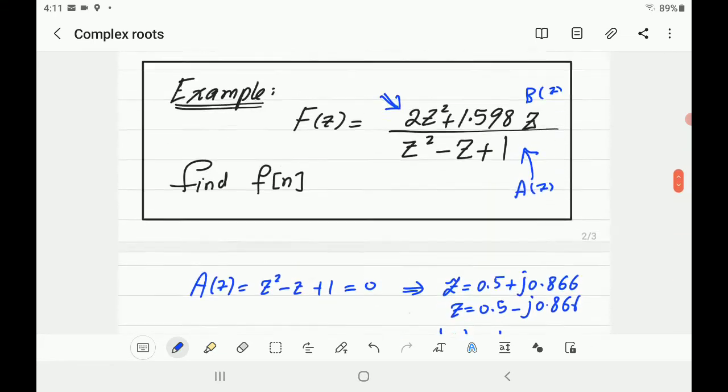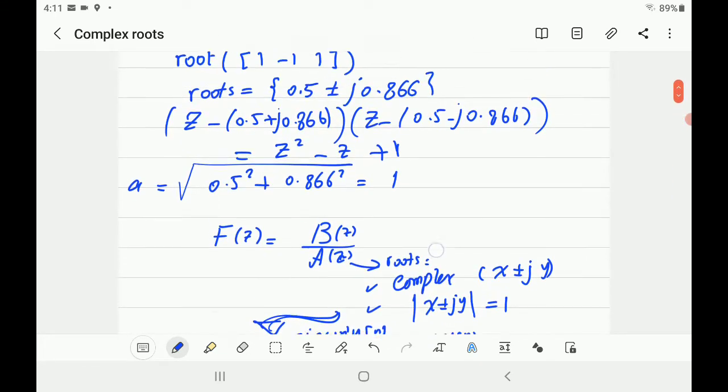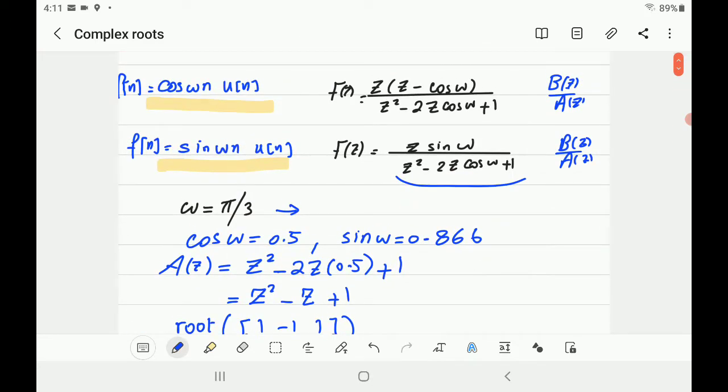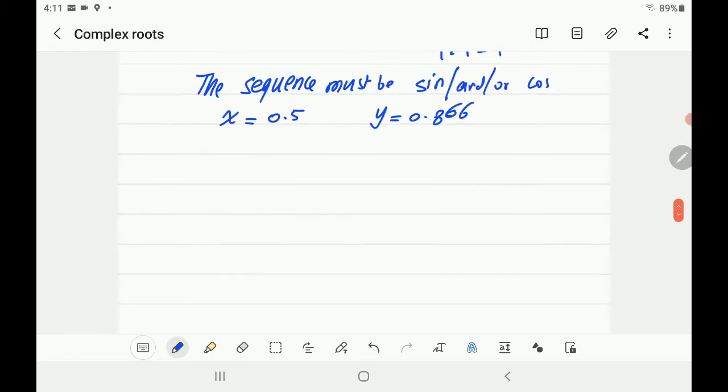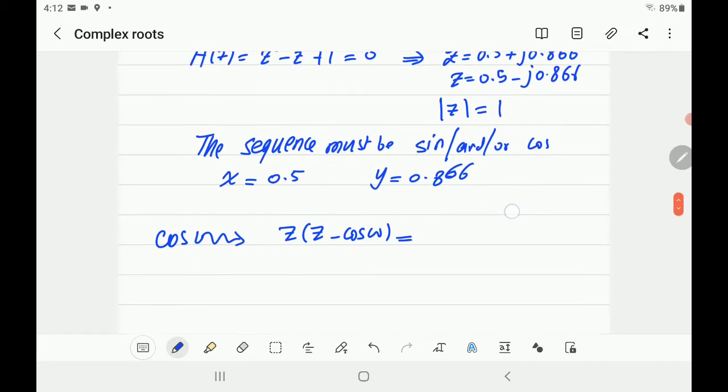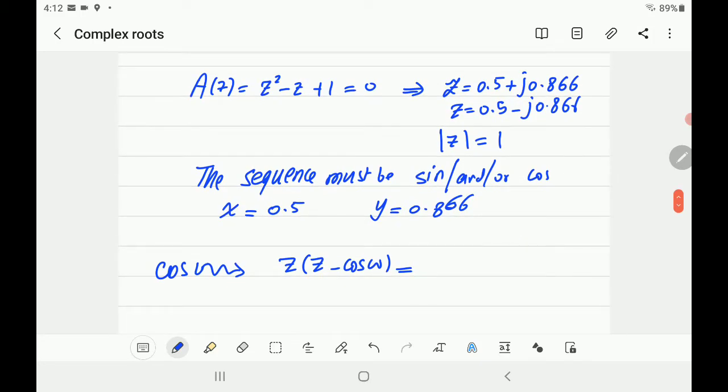The cosine tells you Z times Z minus cosine omega. The top part, just remind yourself, is Z times Z minus cosine omega. I'm talking about the top part. And you know the omega. You told me, no, I don't know omega. All right, find omega from here.